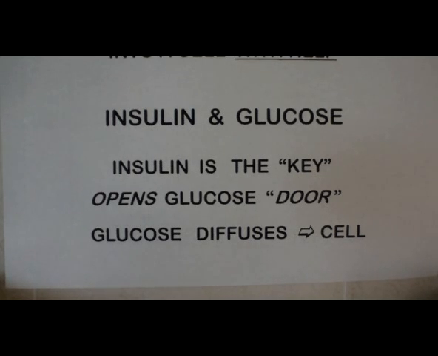Glucose cannot enter the cell without help. So insulin acts as a key that opens the door or unlocks the door for glucose to pass its way, passively diffusing itself into the cell. Without insulin, the glucose stays in our blood, dissolved in our blood until it gets to our kidneys, where eventually it will be excreted into the urine.